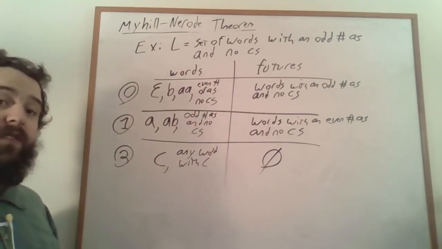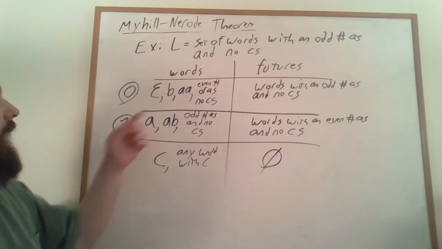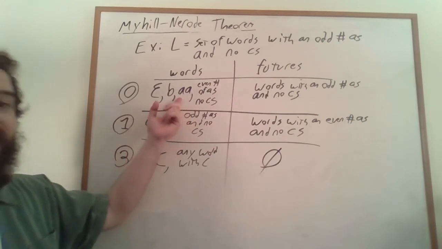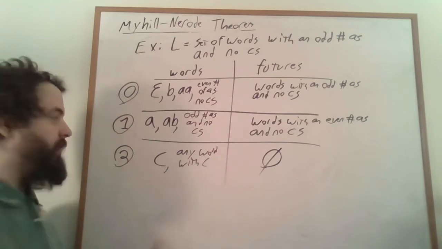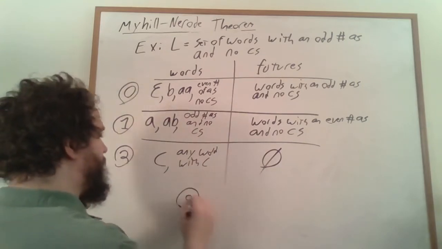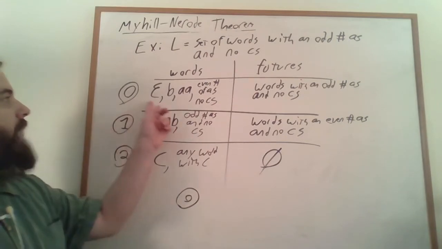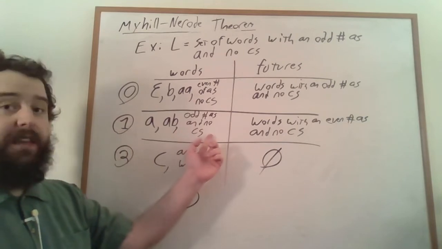We can then construct a transition diagram for these states by looking at what happens if we take a word in each of these equivalence classes and tack a particular letter onto the end of it. So suppose that we have something in the equivalence class 0, and we tack an A onto the end. Well, if we take one of these words and tack an A onto the end, we're going to get one of these words.